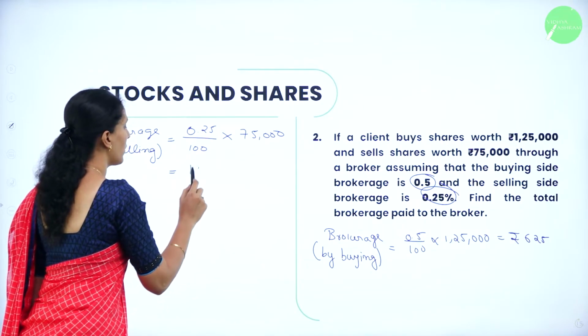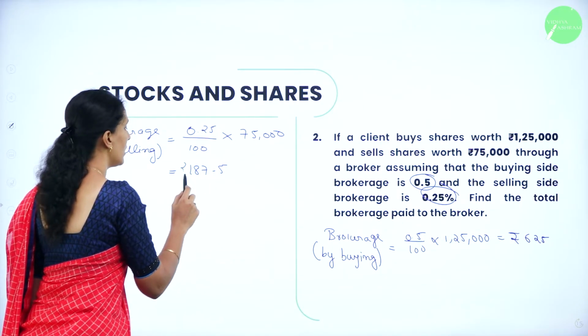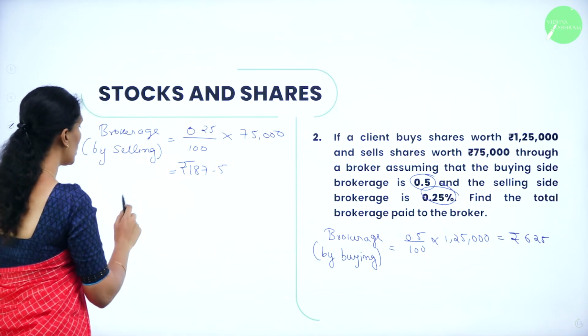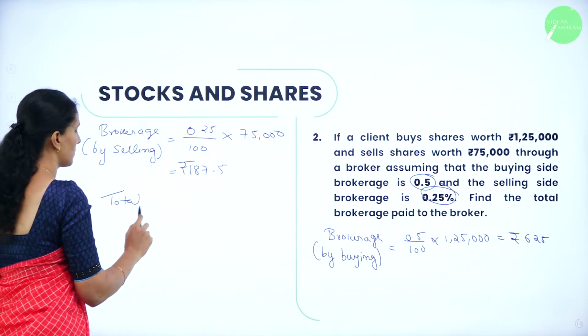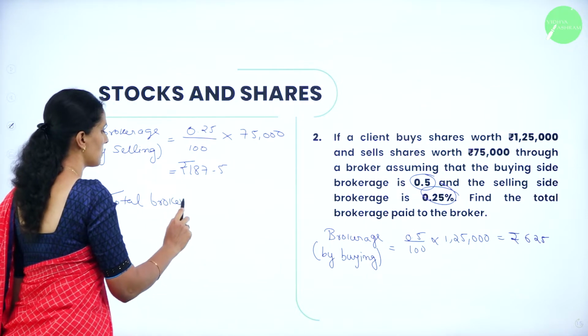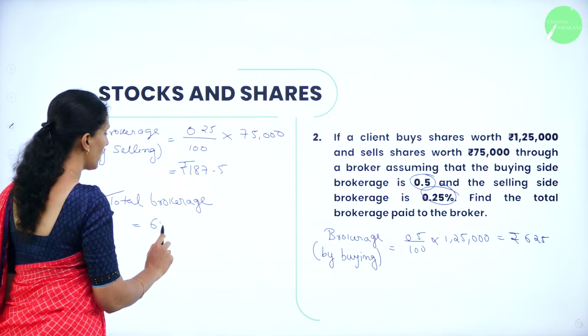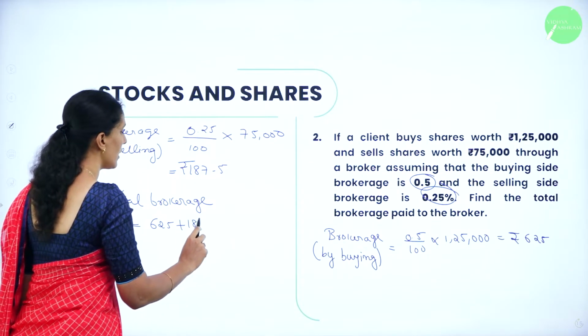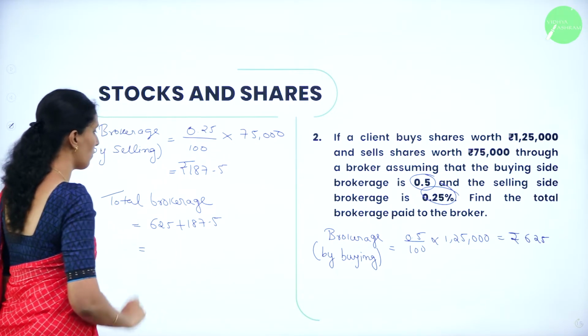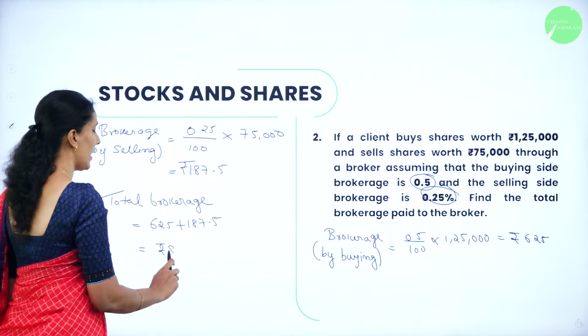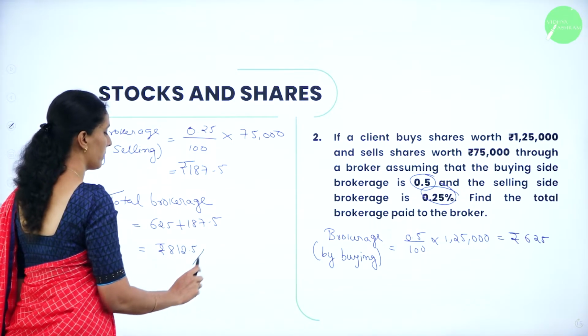So we will get 187.5 in terms of rupees. Now the total brokerage is equal to 625 plus 187.5, that is equal to rupees 812.5.